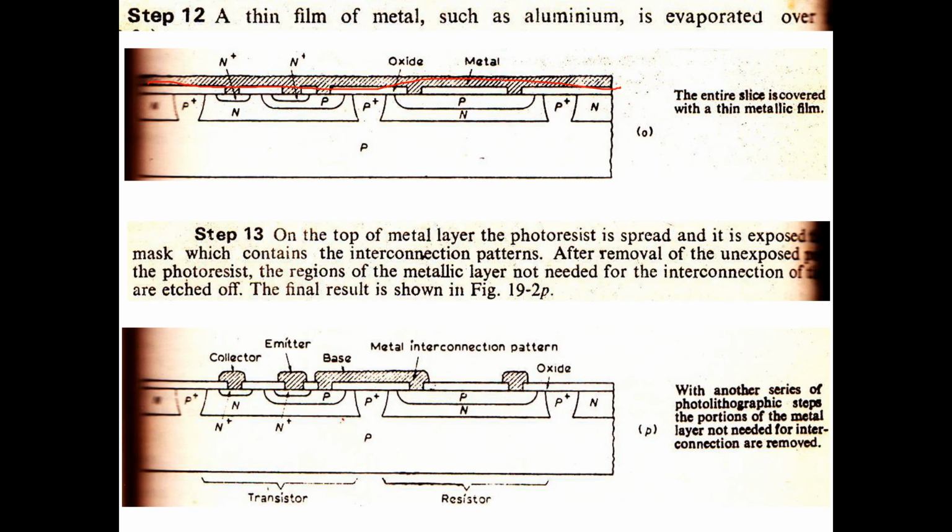Here unwanted portions are removed, and only those portions where we want to make connection remain. For example, this is a collector, here the lead will be taken, this is the emitter lead. Similarly the base lead will be taken out.